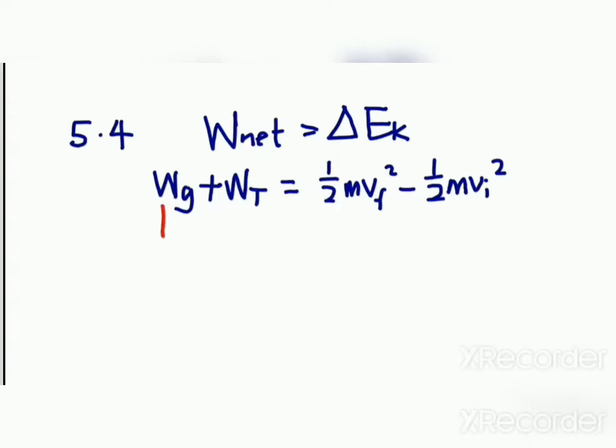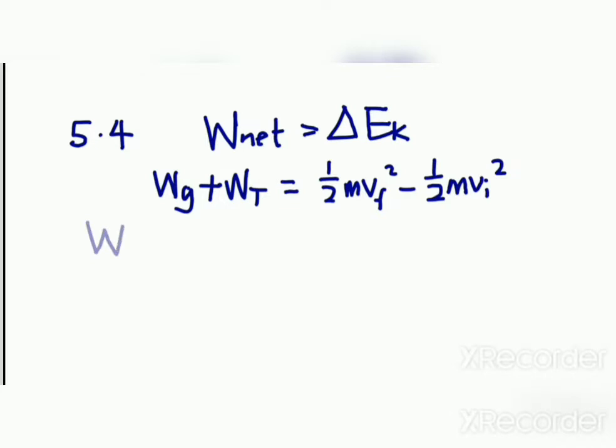We know that work done is the force times the distance delta x cos of theta. So the force involved with the work done due to gravity would be our weight force.